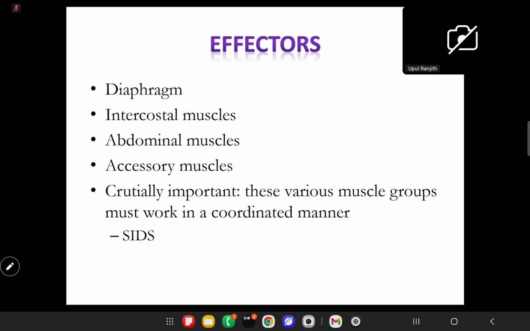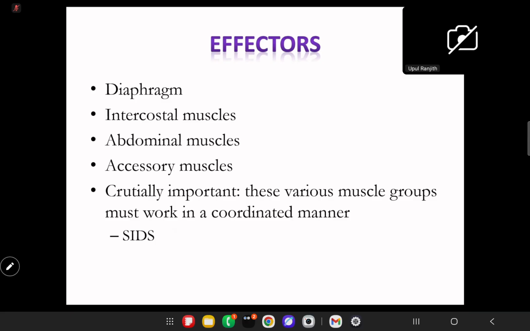Then the effectors are mainly the diaphragm, I told you, and then the intercostal muscles, right? So they are the effectors, along with abdominal muscles and accessory muscles of respiration, like sternocleidomastoid and pectoralis major and minor. So they also sometimes control your respiration in difficult situations.